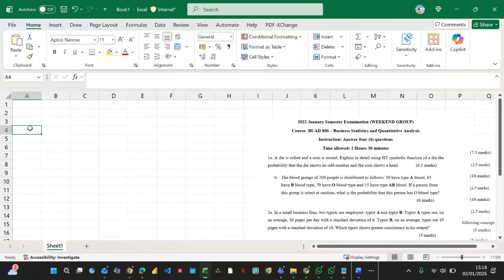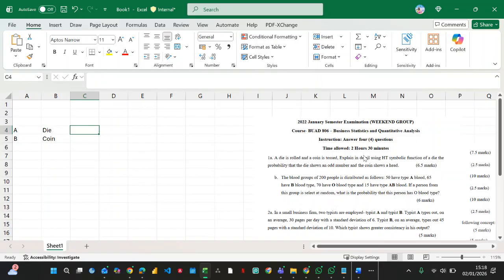Now, like I said, a die is something you should know if you play Ludo. We have two events here. Number one, A is an event, and B is also an event.